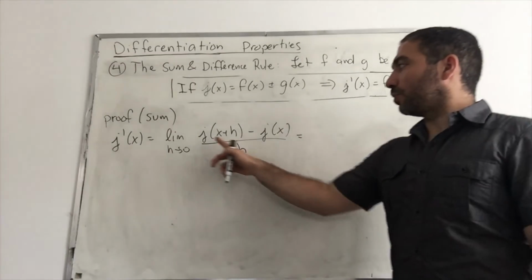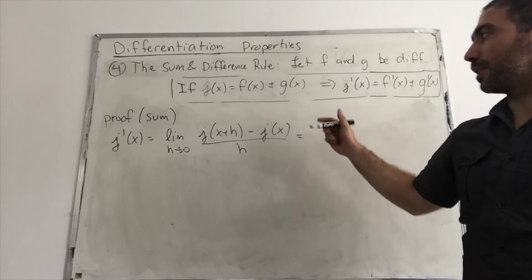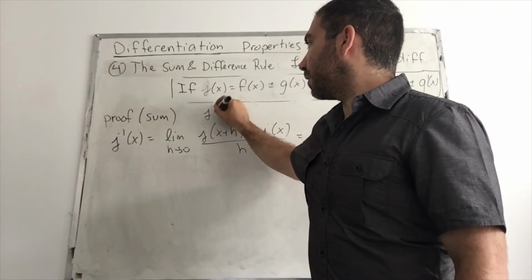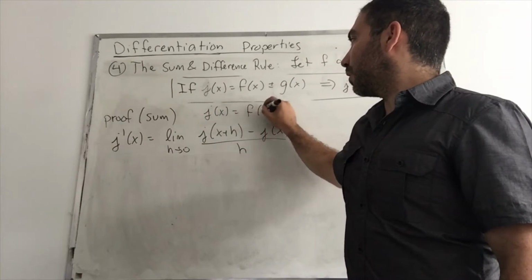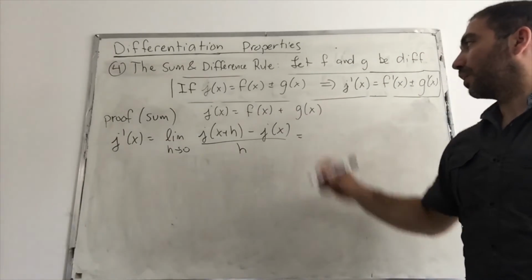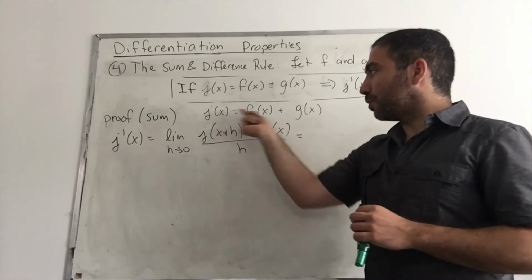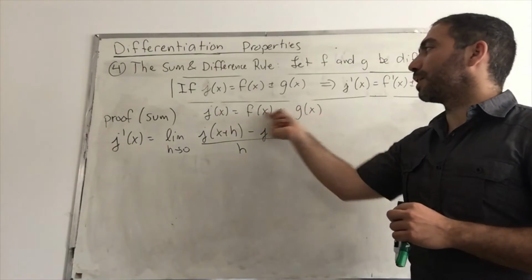Okay, so j of x plus h, essentially since I'm doing the positive case, j of x equals f of x plus g of x. When we talk about j of x plus h, what we're talking about is just removing the x's here and replacing them with x plus h's.